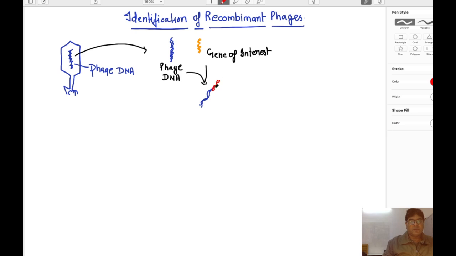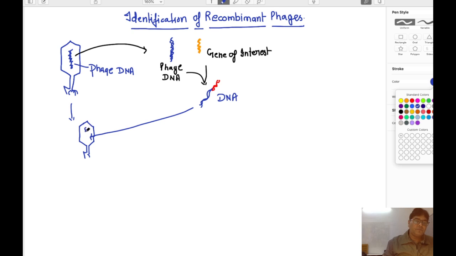Finally, we take a phage again here, and through appropriate tactics, I am not telling you the details, this DNA, which is a connection of phage DNA and gene of interest, is inserted back into the bacteriophage. Such phages which have the gene of interest in them are called recombinant phages.